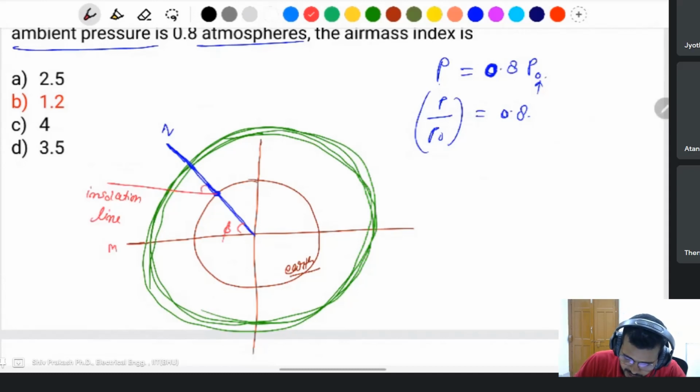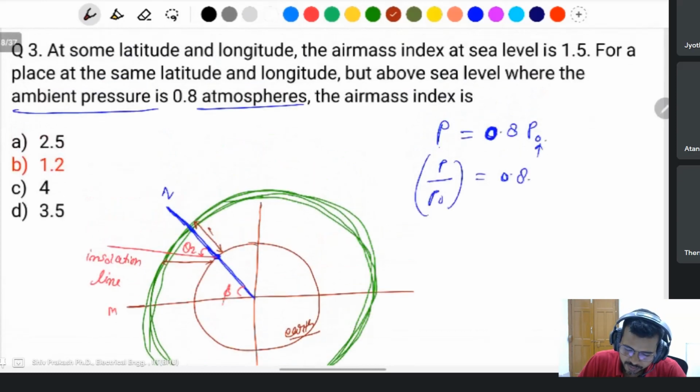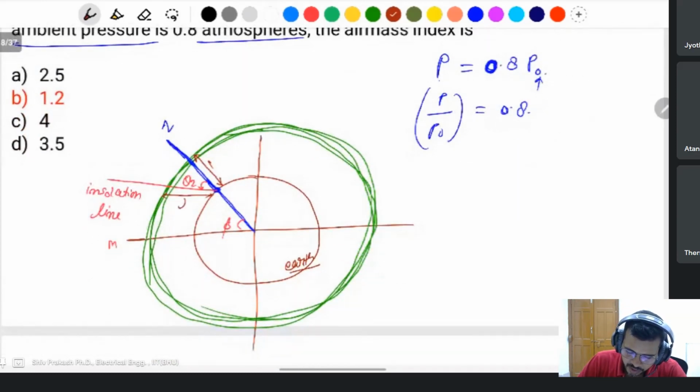The angle between the insolation line and the zenith axis is known as the zenith angle. The length of this one to the length of the insolation line at the same point is known as the air mass index. Take this one as L.